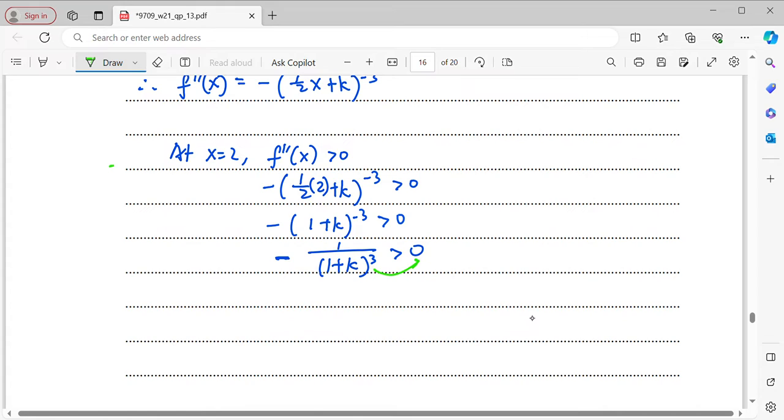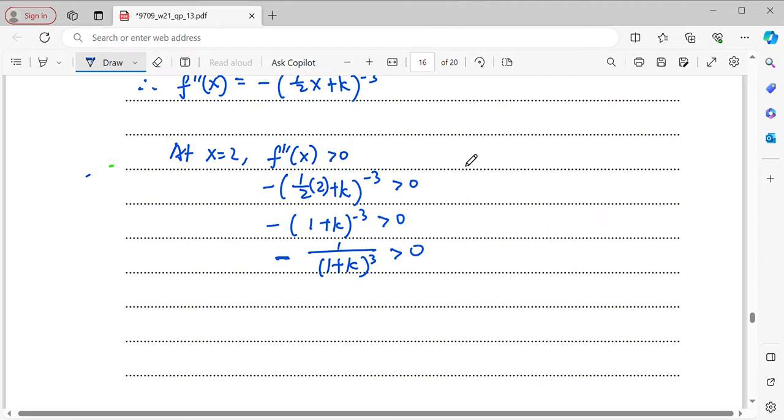Okay, it is greater than 0. Then your k is going to be negative, right? Because this is negative, I don't move up first. I times the whole equation by negative 1. So when you times by negative 1 is 1 over 1 plus k, then degree 3 is less than 0.